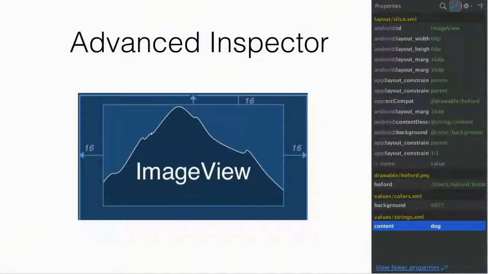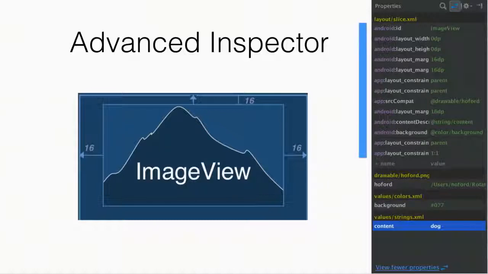For example, the drawable is a picture of me. The values is some number. And in fact, you can go edit and even create new elements directly in that user interface. So it's a quick, fast way to work within the designer and do all the other little things you would typically like to do.